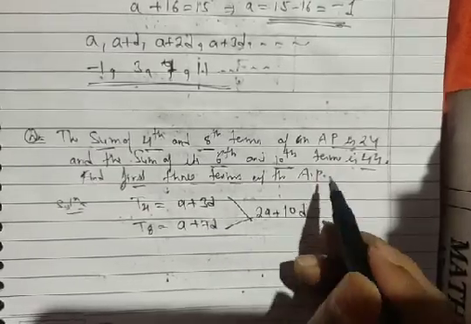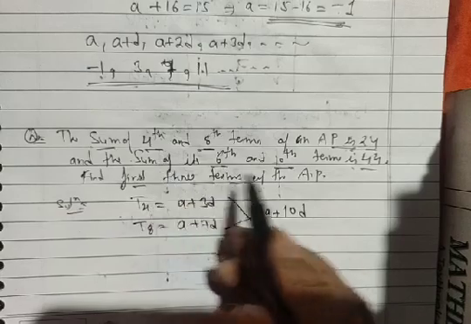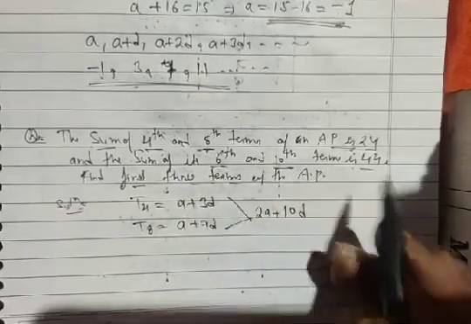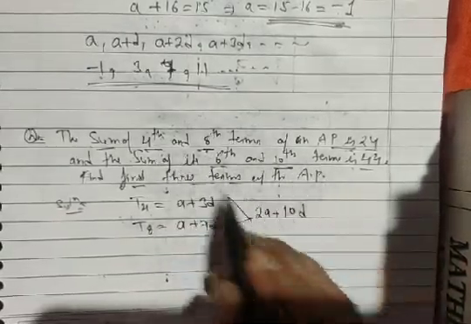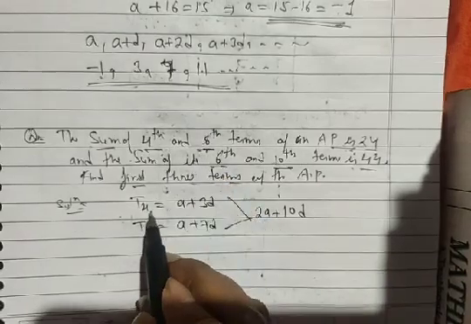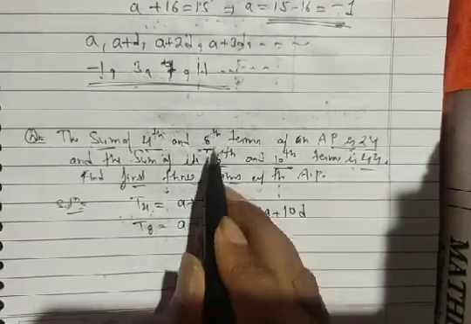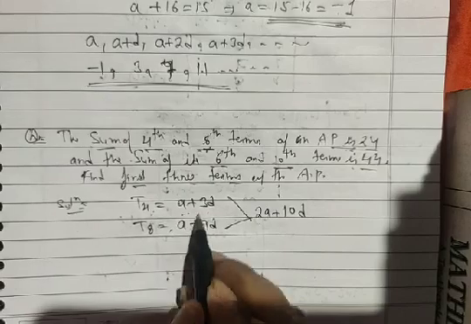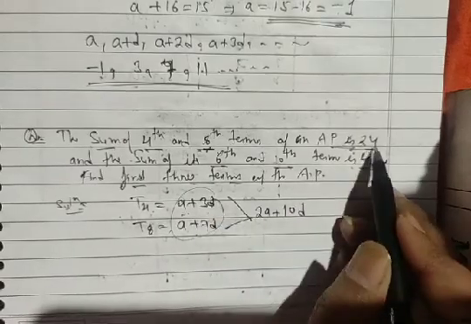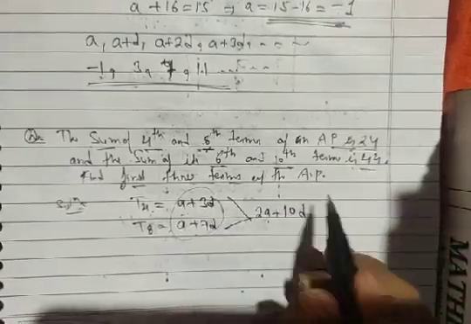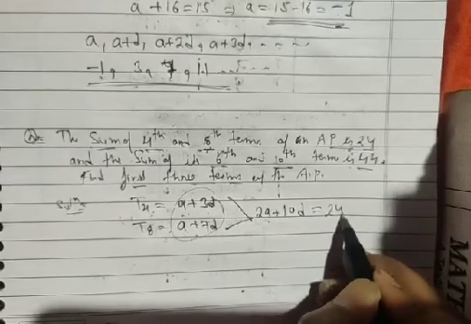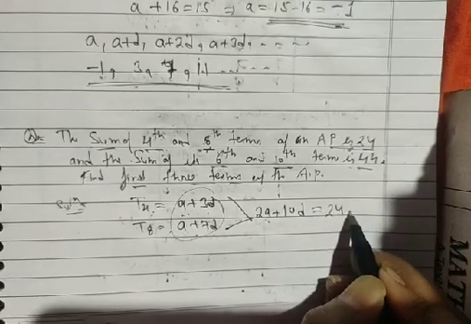So a plus 3d plus a plus 7d is equal to 24, that is, 2a plus 10d equals 24.